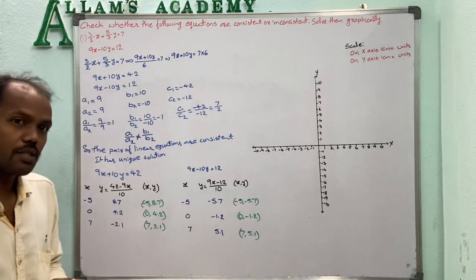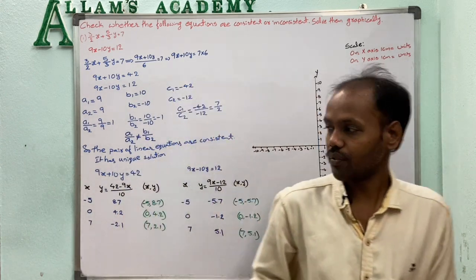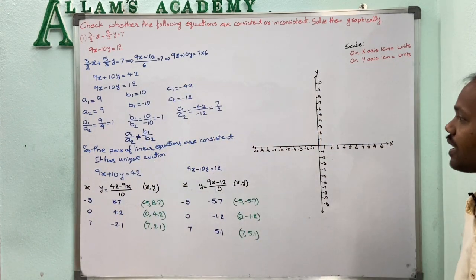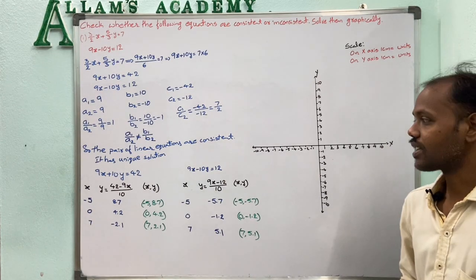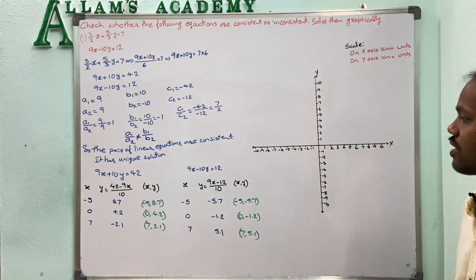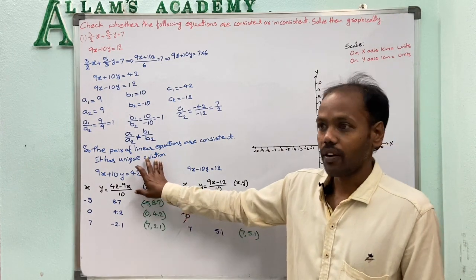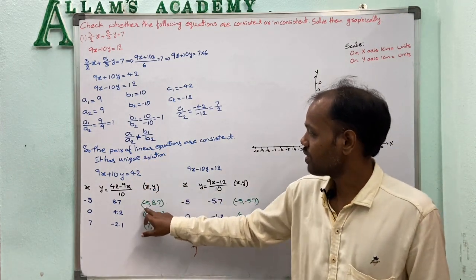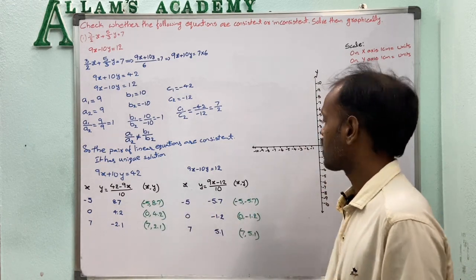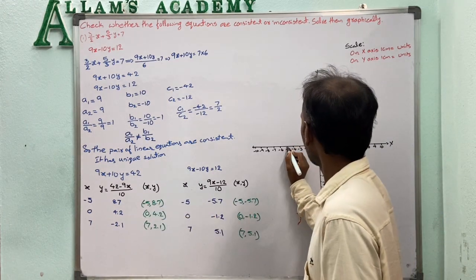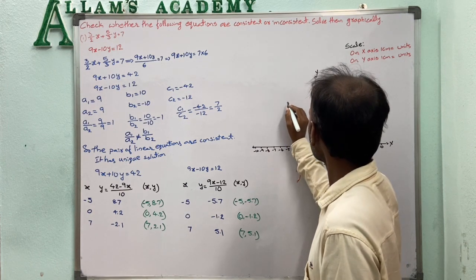Now when these points are located on the graph, we get both lines intersecting, so it has a unique solution. Now for the first pair of linear equations, substituting the points: for minus 5, its corresponding y coordinate is 8.7.